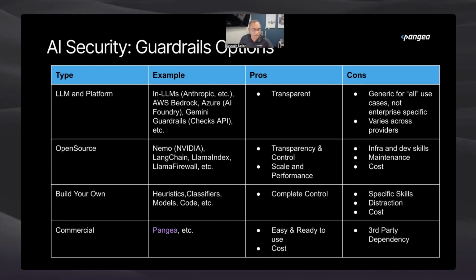You're a financial portfolio management company. Do you really want to build prompt injection detection capabilities as a core skill of your engineering team? Or do you want to really leverage open source, commercial, and other offerings available and focus on the business use case? So that comes to the option of commercial vendors like Pangea.